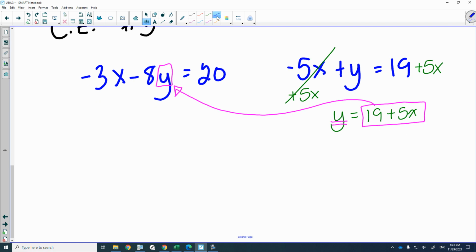What that would look like is negative 3x minus 8 times 19 plus 5x, that is equal to 20. Get rid of your brackets, join your like terms, and solve for the variable.